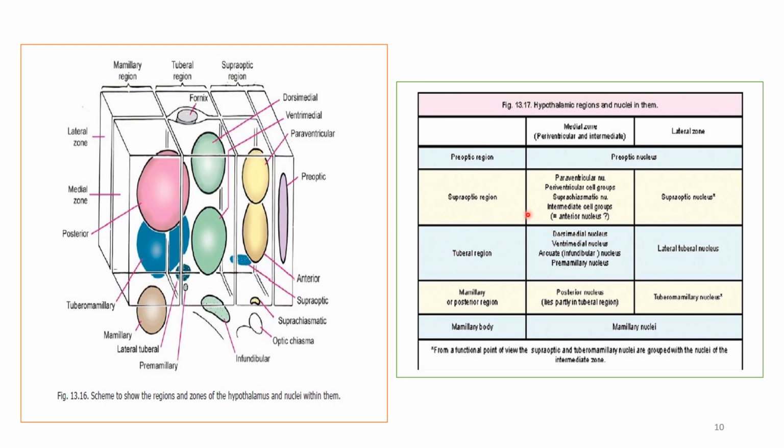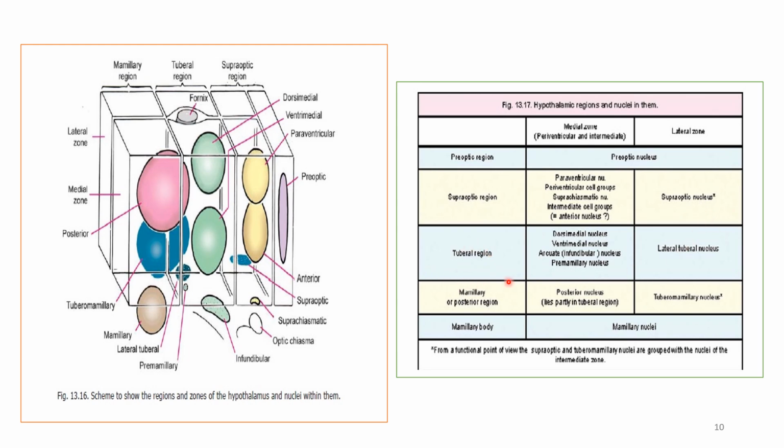In the lateral zone, we have supraoptic nucleus.